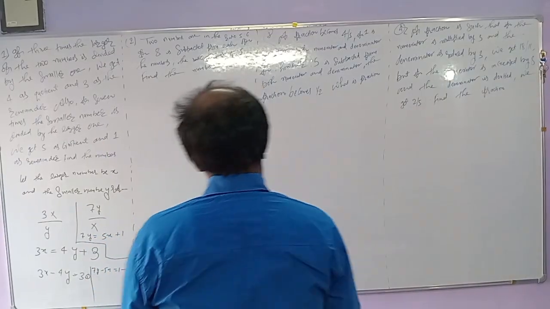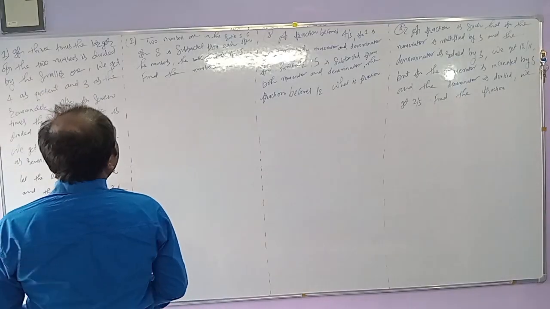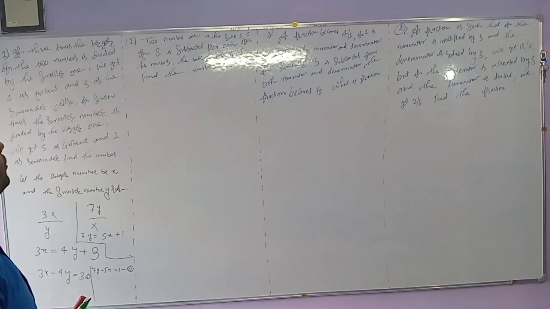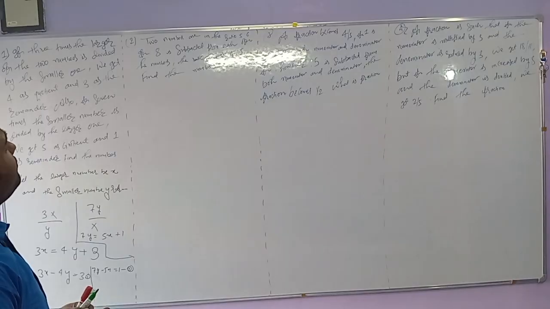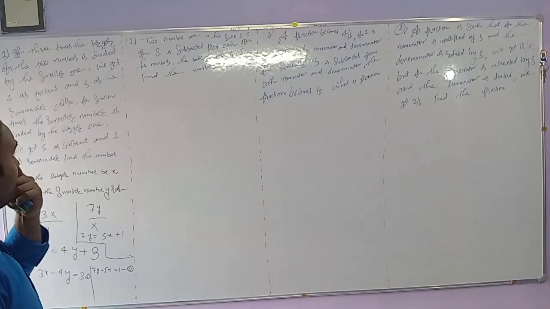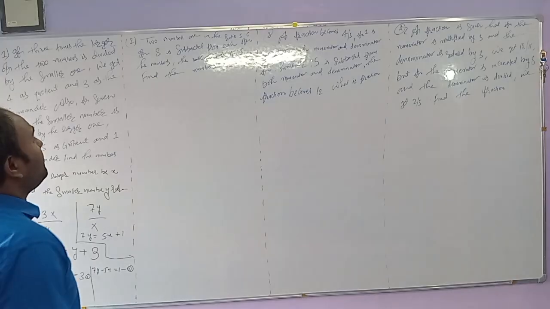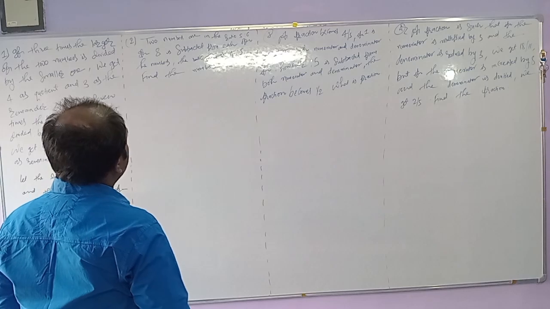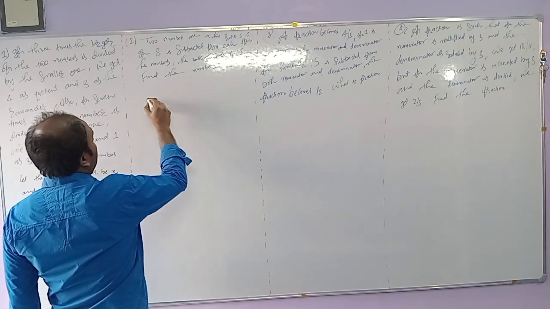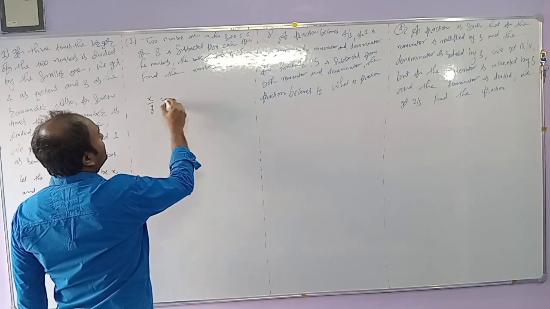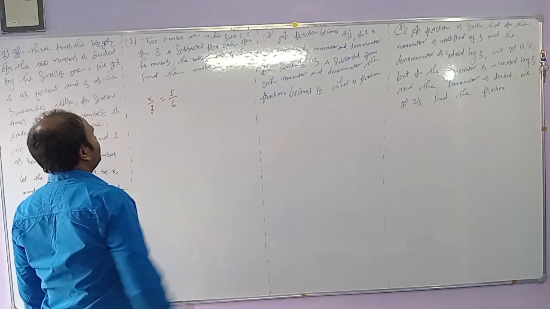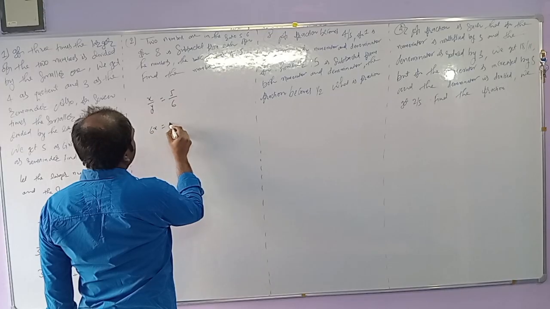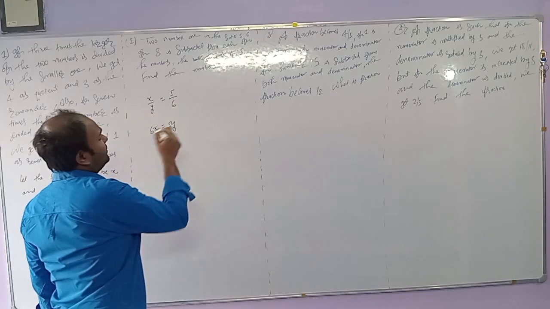Now another question. Two numbers are in the ratio 5:6. If 8 is subtracted from each of the numbers, the ratio becomes 4:5. Find the number. Now x upon y is equal to 5 upon 6. When we cross multiply, we get 6x equal to 5y.